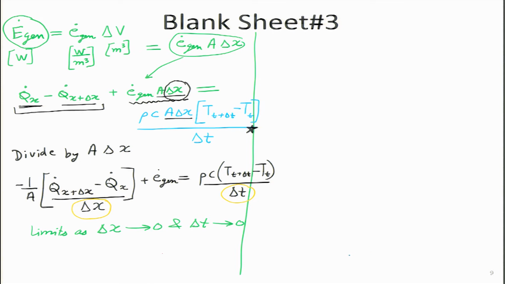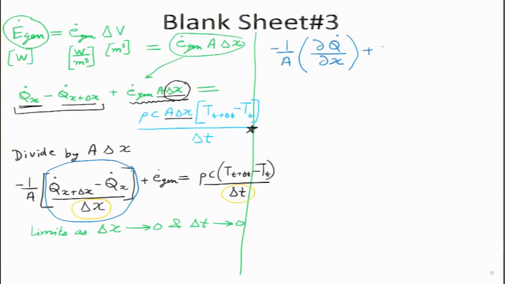Look at what happens to this first term if I take the limit: minus 1 by A retains as it is, and this particular term becomes del q dot by del x. I hope you are able to figure out how we wrote this long difference of two delta q's divided by delta x as del q by del x. This is the basic differential definition, and the second term is retained like that.